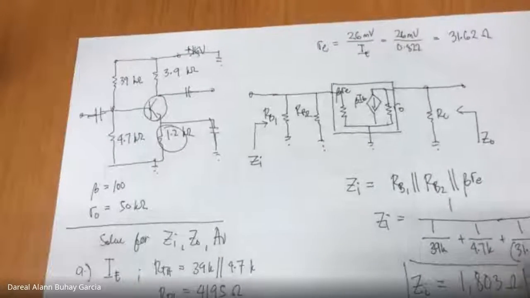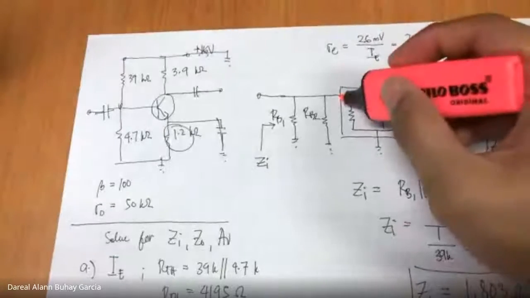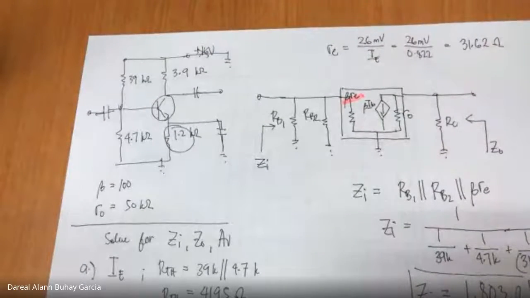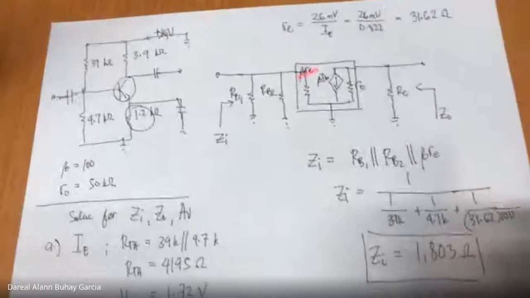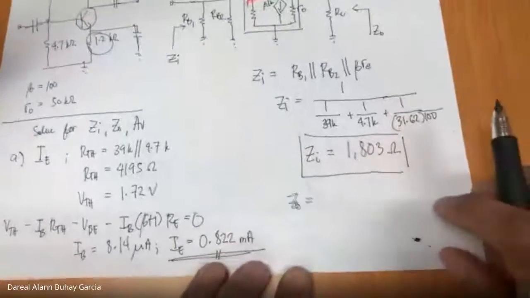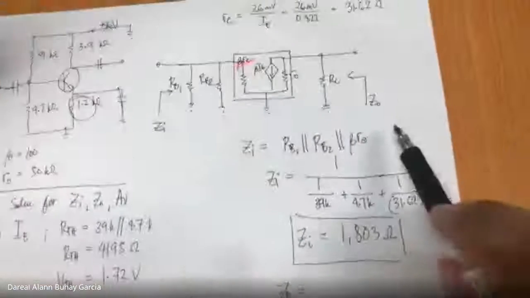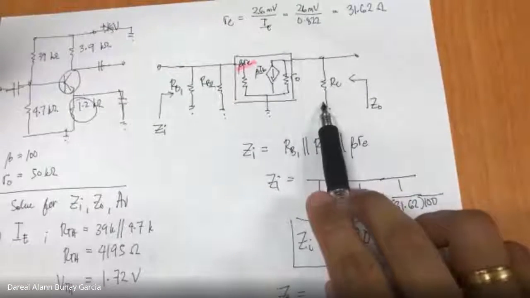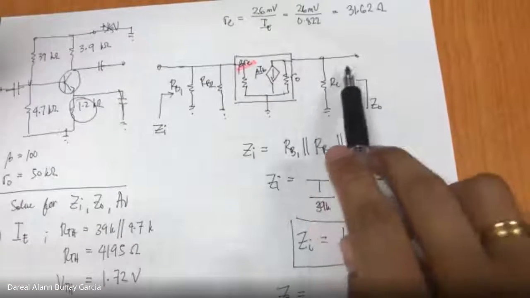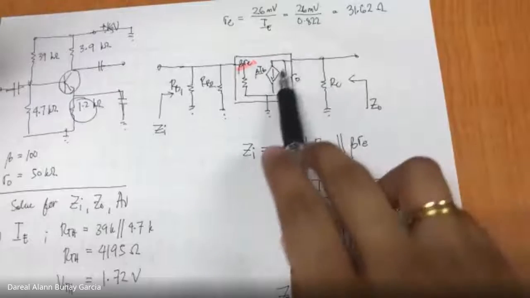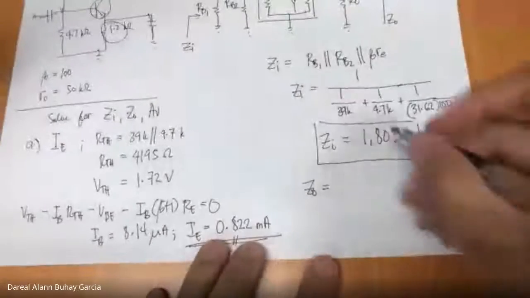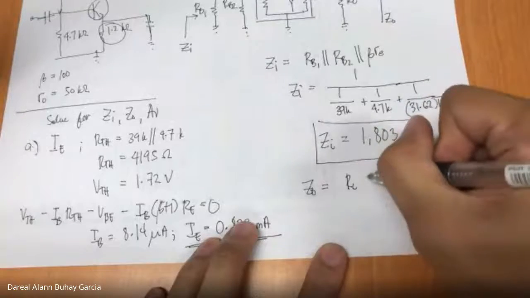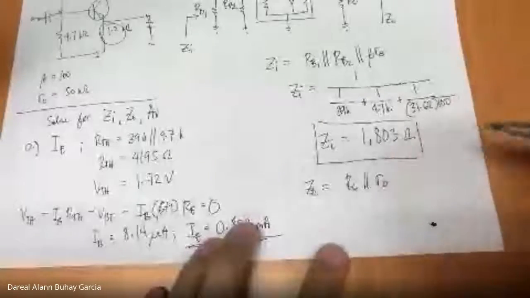Dili lang ni RE but beta RE. So ZO, kung atong tanaw na atong equivalent circuit is RC parallel RO lang. No? Given man yung puning duha, so mo-convert, makuha na to si ZO. RC parallel RO.